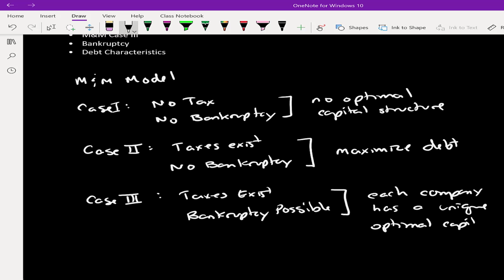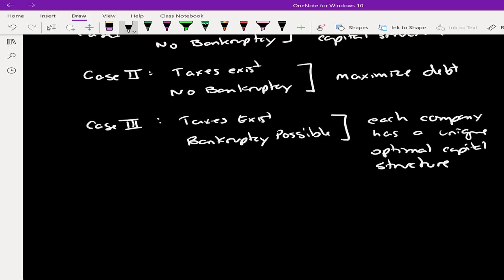So there is a debt to equity ratio that is best for the company if they want to maximize their value. But it's not a formula. It's different for each company, and you have to figure it out.